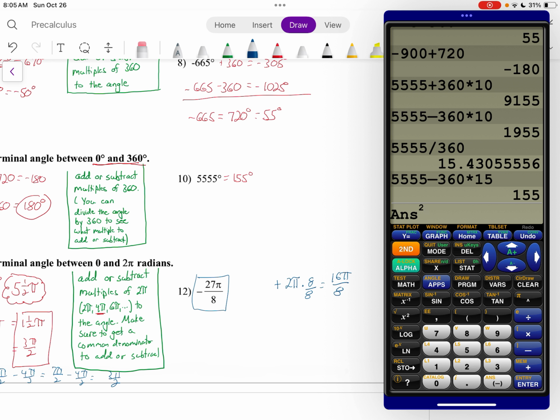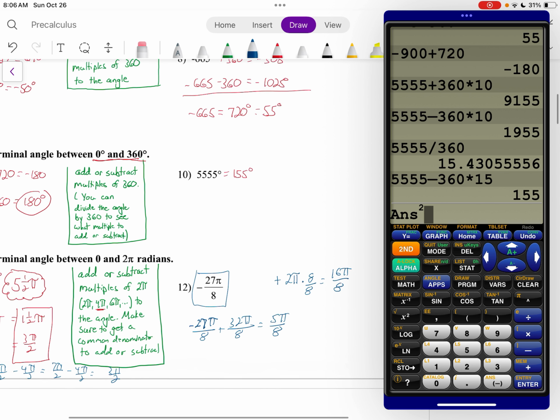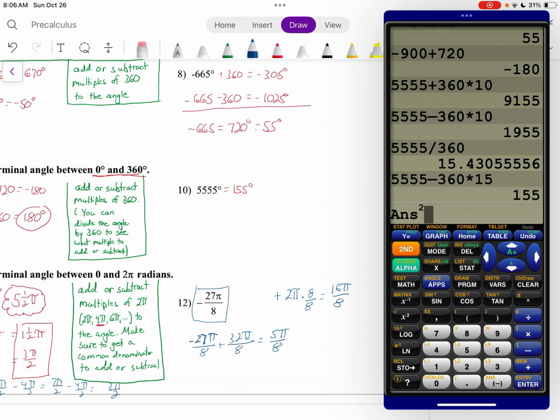So you could think, I'm going to multiply this by 2, and add 32 pi over 8. So negative 27 pi over 8 plus 32 pi over 8 gives us 5 pi over 8. All right, and that is the first part with the coterminal angles.